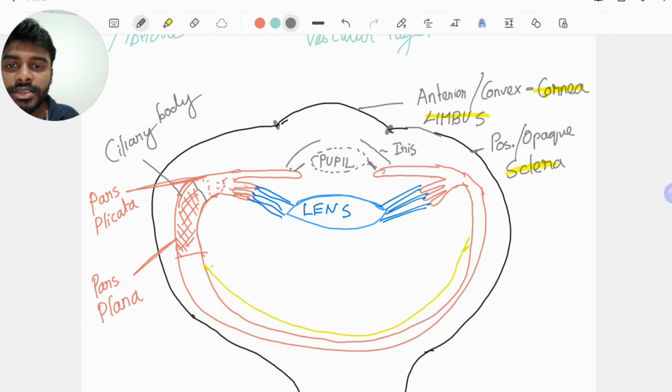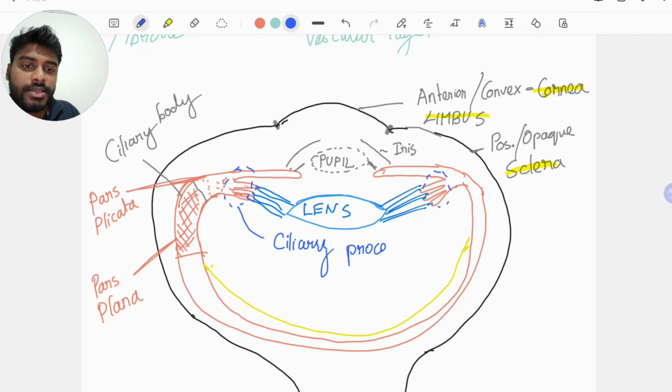These projections are called the ciliary processes. The ciliary processes secrete the aqueous in the eye.